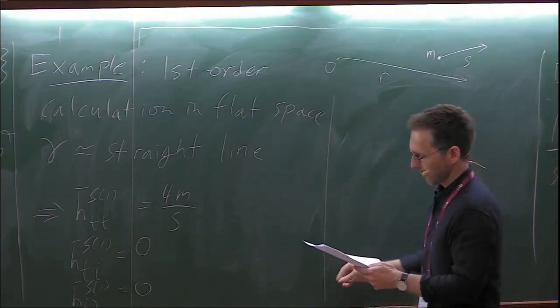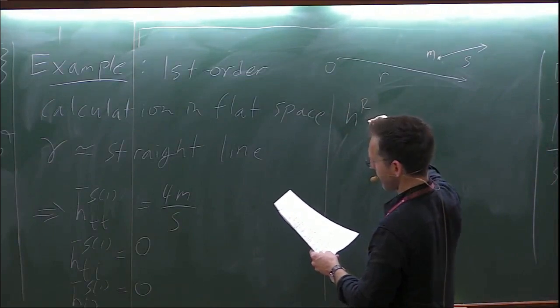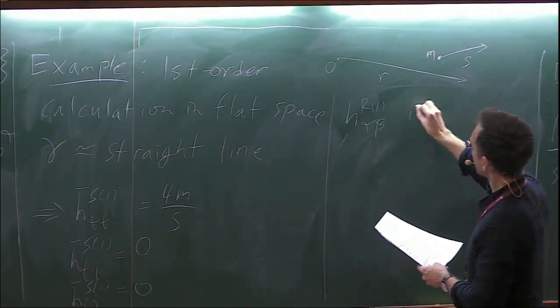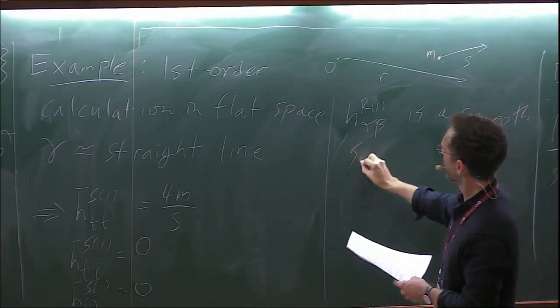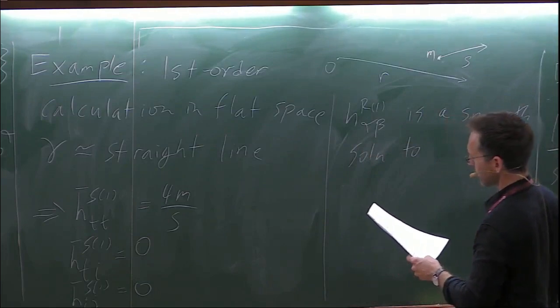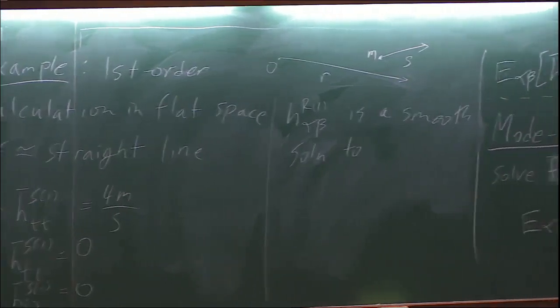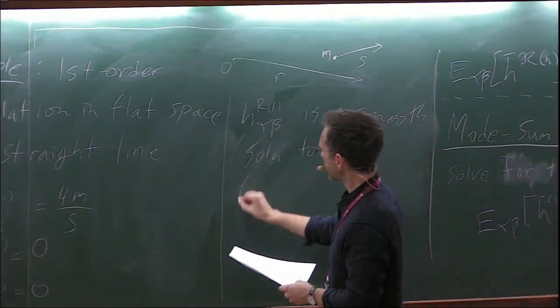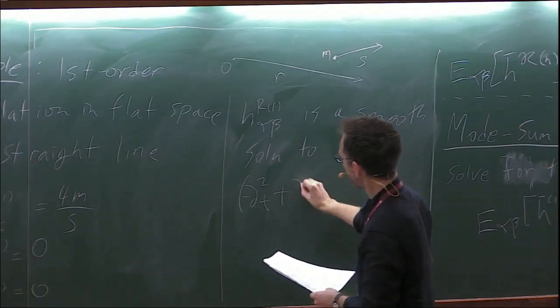Now, h^R alpha beta is a smooth solution to the Lorentz gauge field equation with 0 on the right-hand side. But in flat space, the Lorentz gauge field equation is just the flat space wave equation.